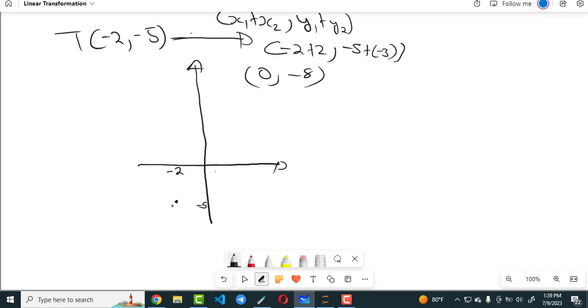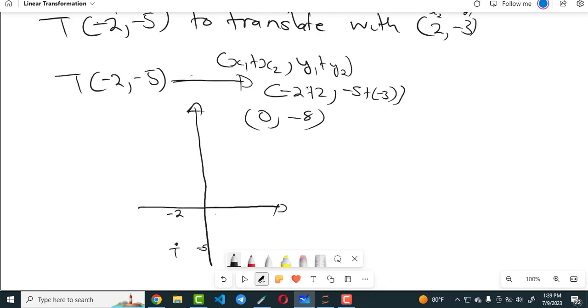This is point, let's say point A. We are translating this point 2 steps on the x-axis, so here we are saying 1, 2 on the x-axis to the right side. So we go here. Then -3 on the y-axis.